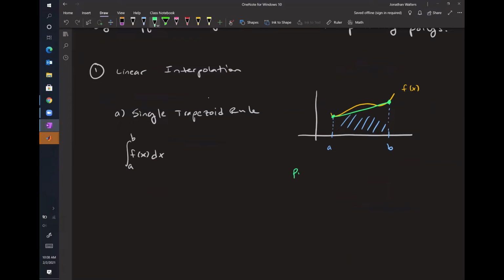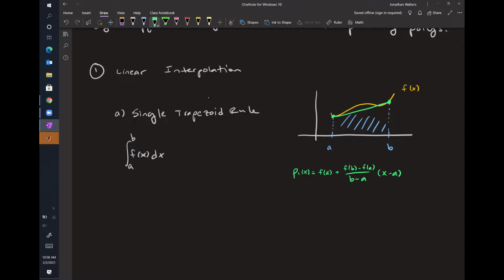It's P1 of x equals f of a plus f of b minus f of a over b minus a times x minus a. That's the linear interpolating polynomial passing through those two points. Does that make sense? We talked about that last time.